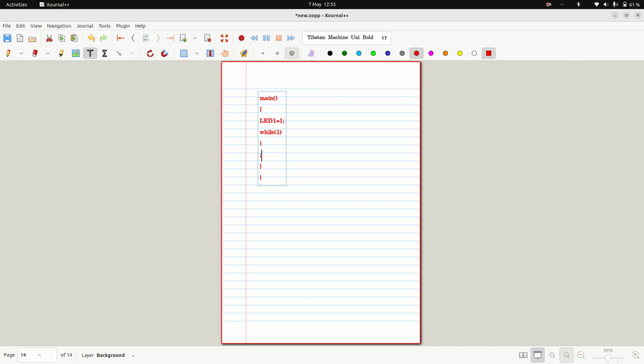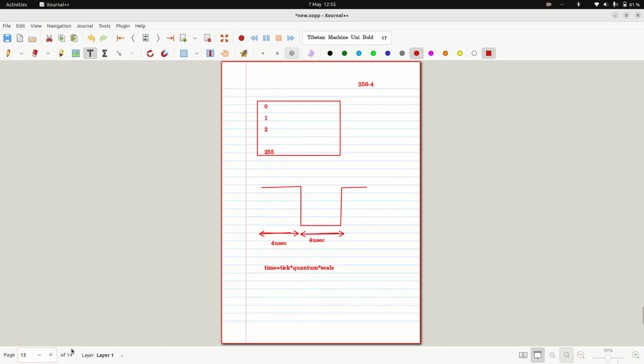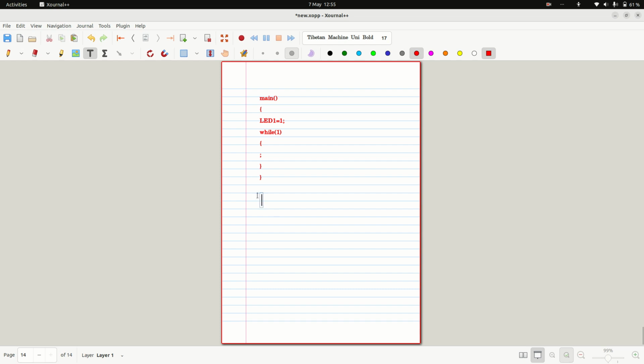Whenever interrupt occurs, control goes to the ISR. So what will happen in the ISR? Toggling happens, isn't it? In the ISR, if TMR IF equals to 1, then LED toggles.